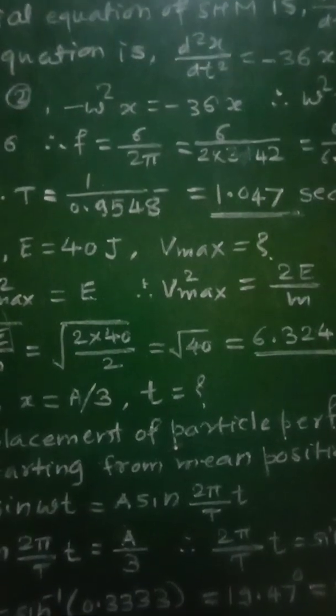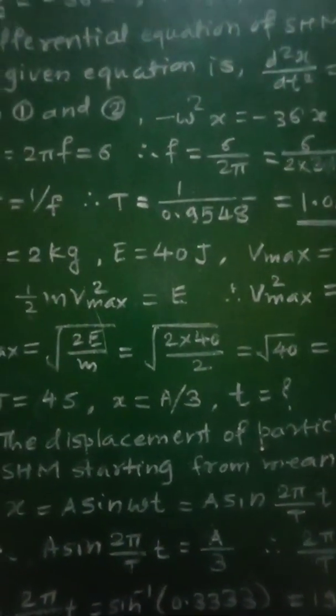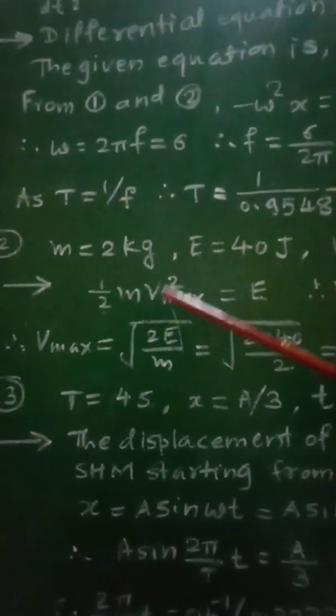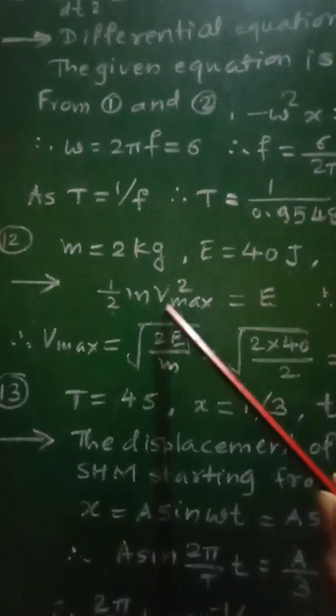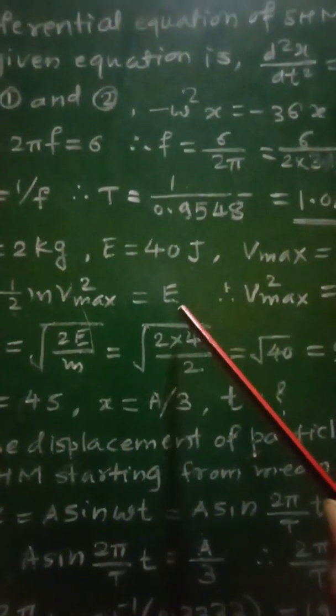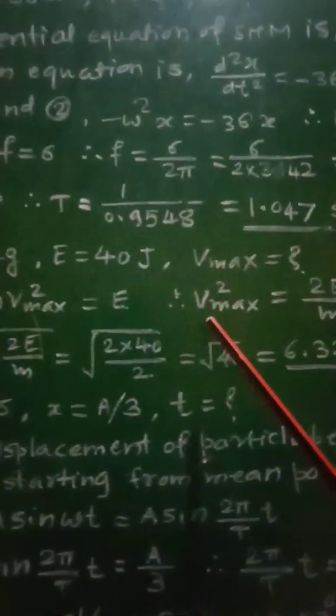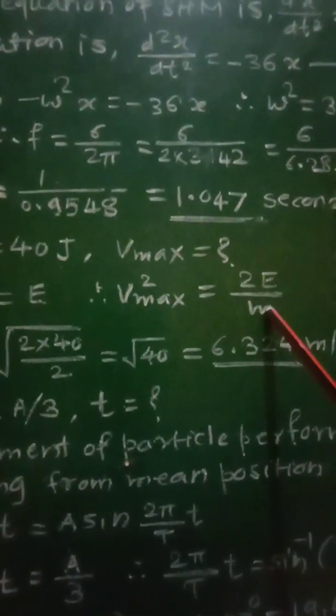That is, the total energy E will be equal to the kinetic energy of that body, and therefore we can write half m v max square, that is kinetic energy, will be equal to total energy. And therefore from this, v max square will be equal to 2E upon m.